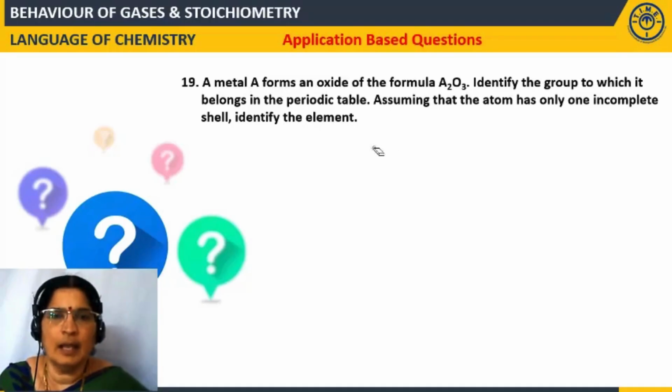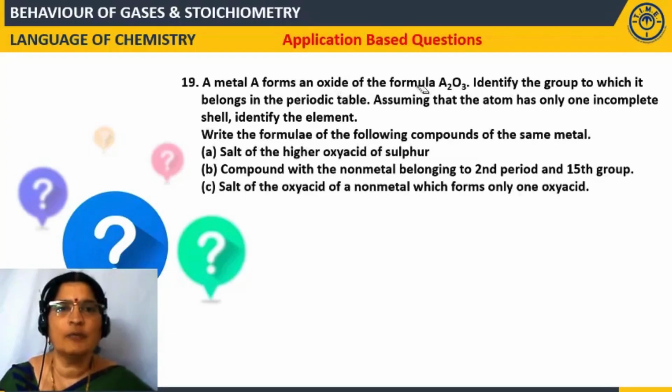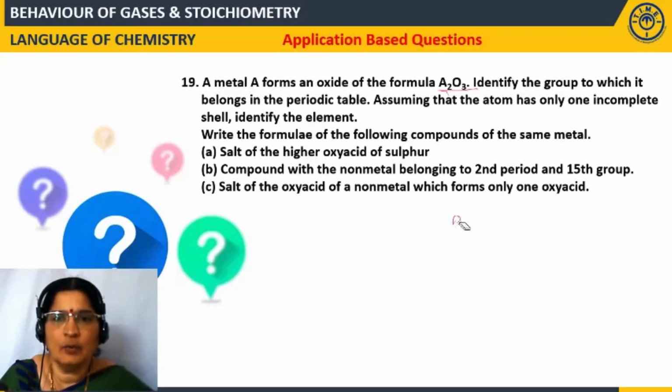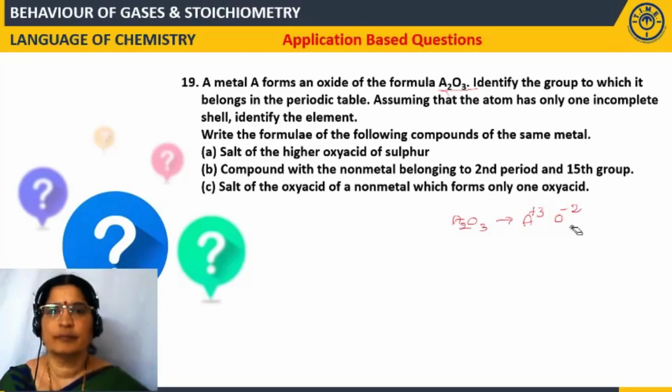Let us see the first part of the question. A2O3. That means it should have A plus 3 and then O minus 2.